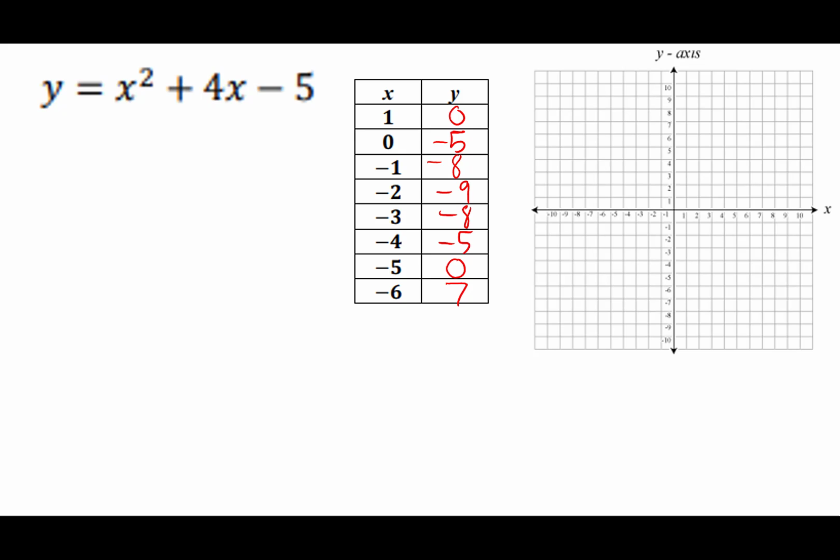All right, so let's look at what that looks like on the graph. So I'm going to plot these points. So kind of notice my points line up.